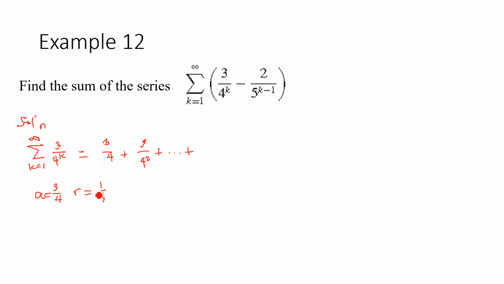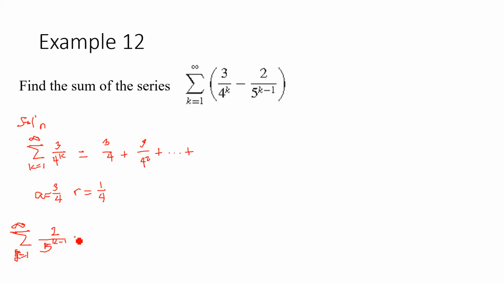Then we could also have the second series, the summation of 2 over 5 raised to k minus 1, k equals 1 to infinity.